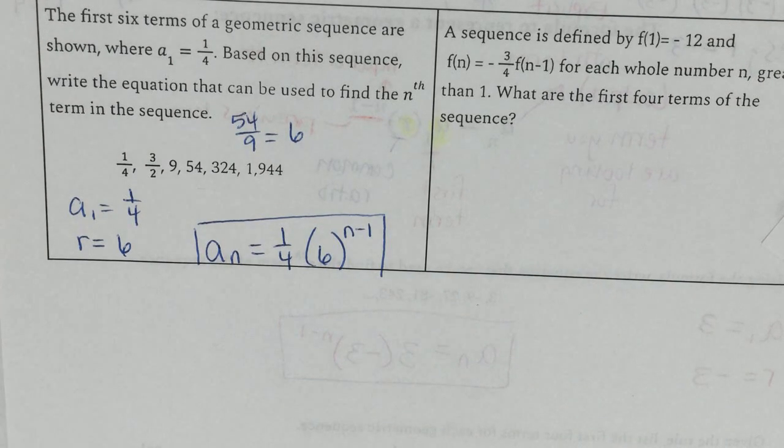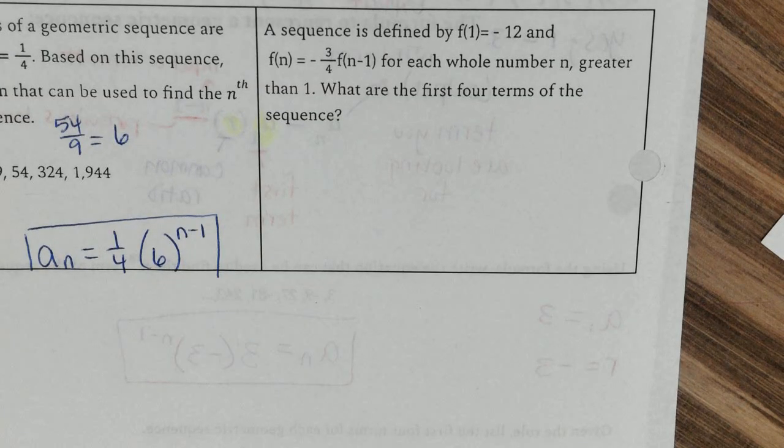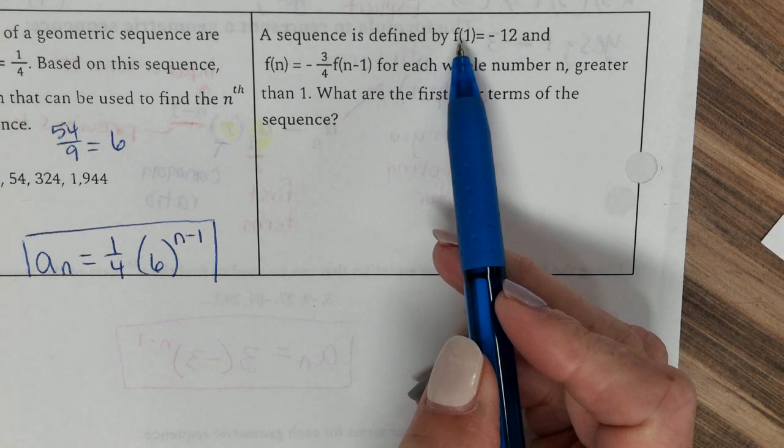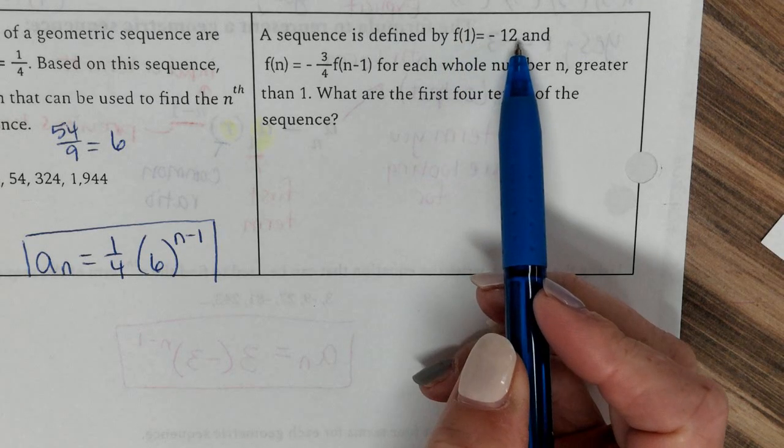Now this next one, like I said, is a little bit challenging, so make sure you pay attention. It's just written differently, that's all. So it says a sequence is defined by f of 1 equals -12. Okay, so what you have to understand, do y'all remember when we learned function notation? This would be f of x equals -12.